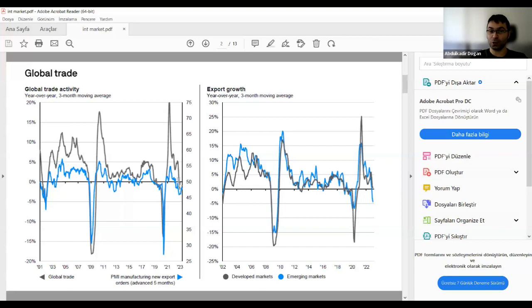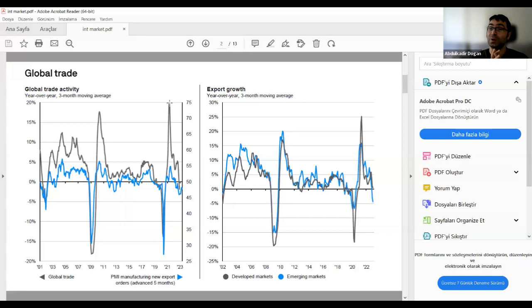When we focus on the last year, the current situation, global trade activity is also in a decreasing trend, as you see, because after the COVID-19 crisis, it shrank approximately 15%, then it increased approximately 20% because of the base effect, because lots of orders were stopped and delayed because of the COVID crisis.